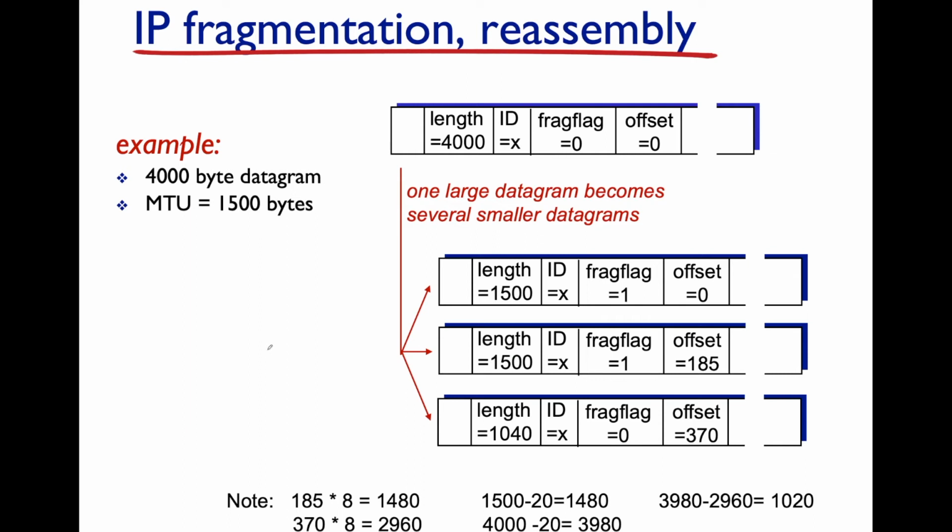That leaves us 1020. Now that 1020 plus that 20 bytes of header information is going to be the length of that last fragment. And so here that length field is 1040 because we have 20 bytes of header and 1020 bytes of payload. All right, so with that, let's go forward.